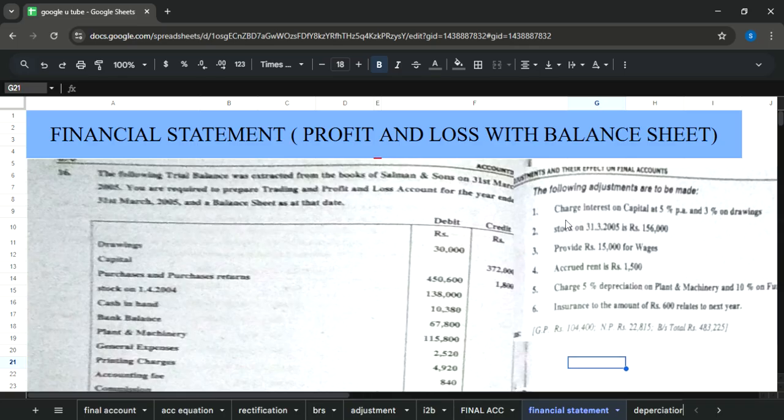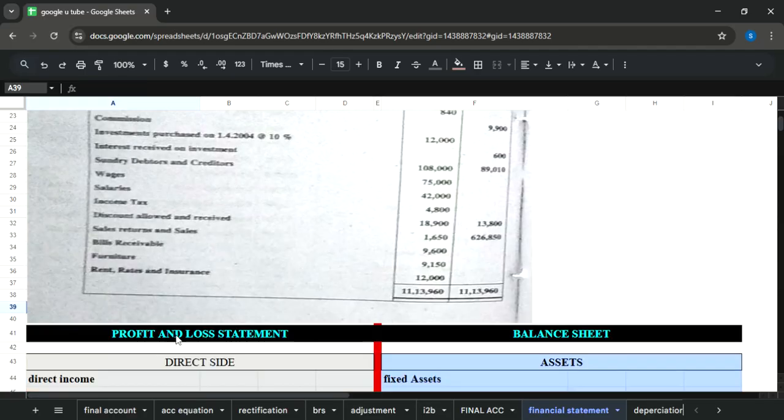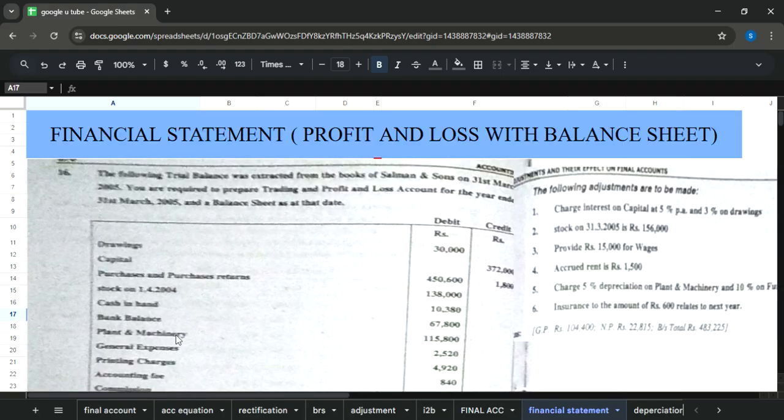First adjustment is charge interest on capital at 5%. First we will solve it. We will go to the operating expense side, and there you will mention interest on capital. For that purpose, you will search how much capital we have.